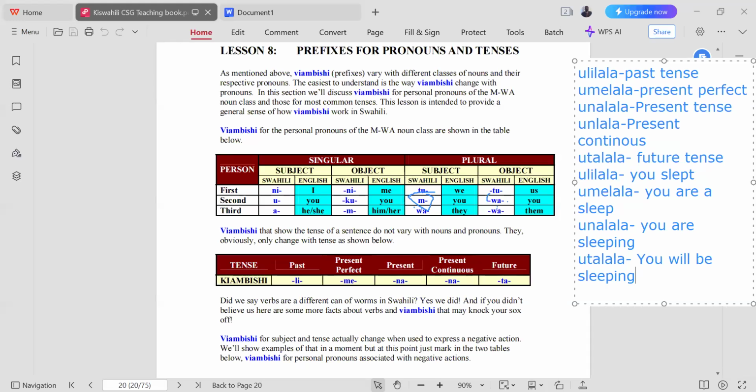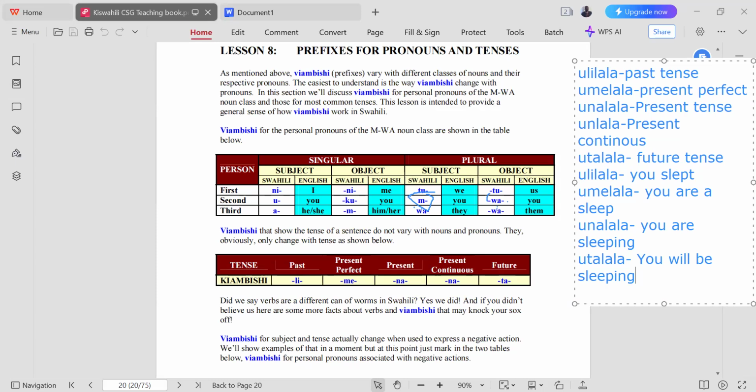Now, for the purpose of this class today, we have been able to separate two things here, what we call Viambishi, which are the prefixes. You say these prefixes are anything that comes before the verb. And you have highlighted those that come before the verb to be separated either in terms of pronoun or in terms of tense. In the pronoun, we have used, for example, u, ni, or a: unalala, ninalala, or analala. The a, u, or ni here is the pronoun in the singular aspect.